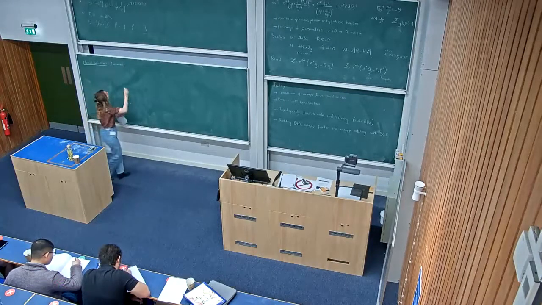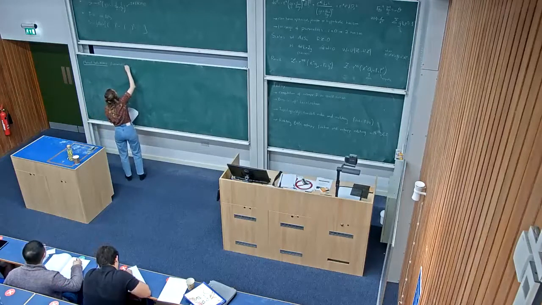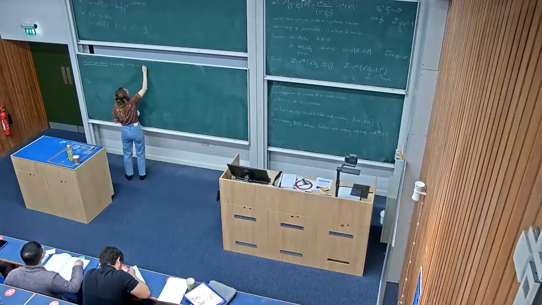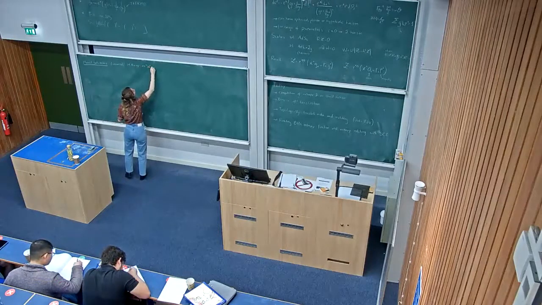So this can be obtained by, let's say, M theory on Sasaki-Einstein 7.